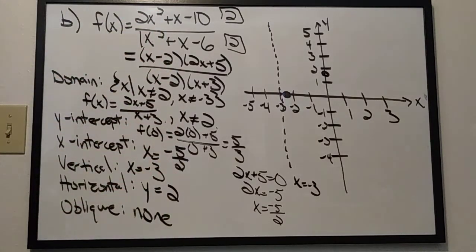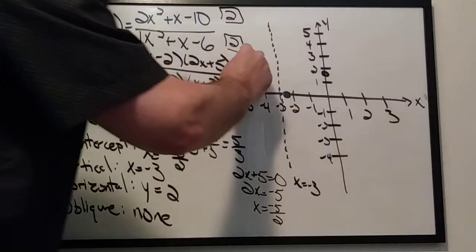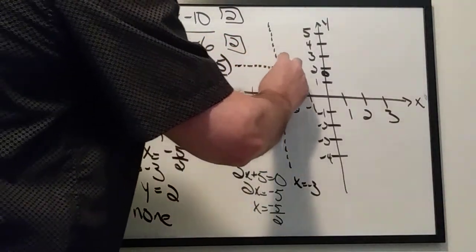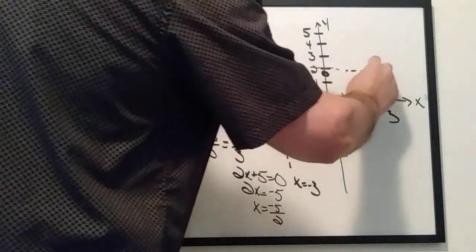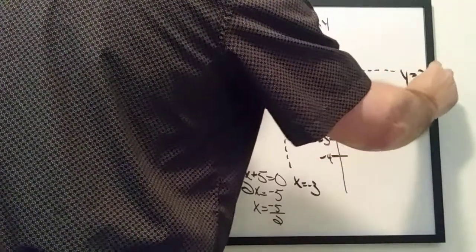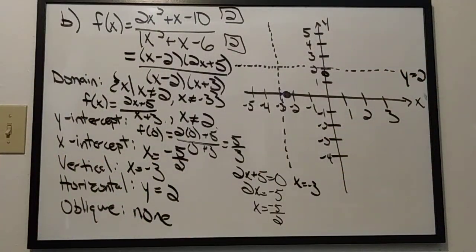So it's y equals 2. So once again, that's going to be a dashed horizontal line at y equals 2. So let's put that in. Dashed horizontal line at y equals 2. And our graph is going to approach that dashed horizontal line to the left and to the right.